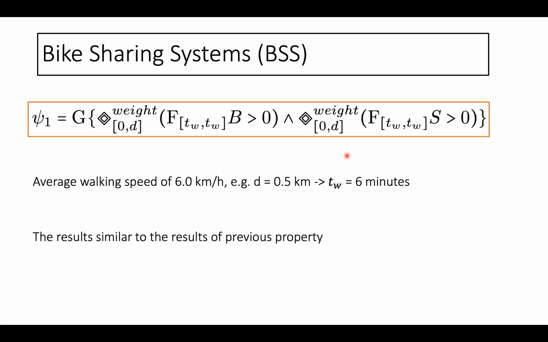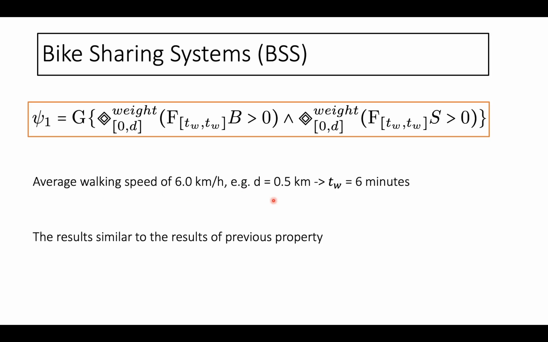So what is this TW time? This corresponds to the walking time to go from one place to the other, and it depends on the different distance that we are considering. In this case we are considering an average walking speed of 6 kilometers per hour.